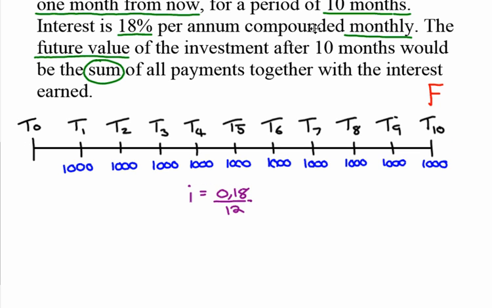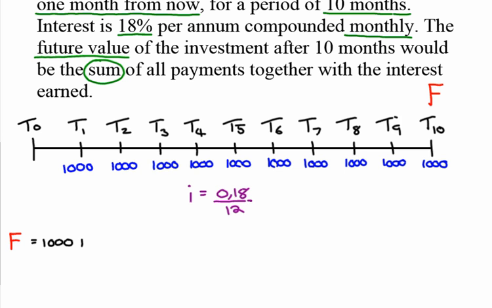So, I want to find what my future value is. And we're working with compound interest. Let's start with this 1,000 Rand here. This 1,000 Rand is already all the way at the end, so it doesn't accumulate any interest. So I've got that 1,000.